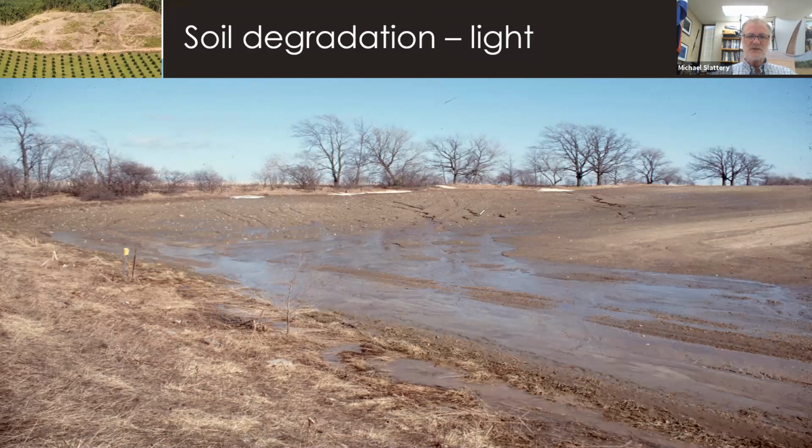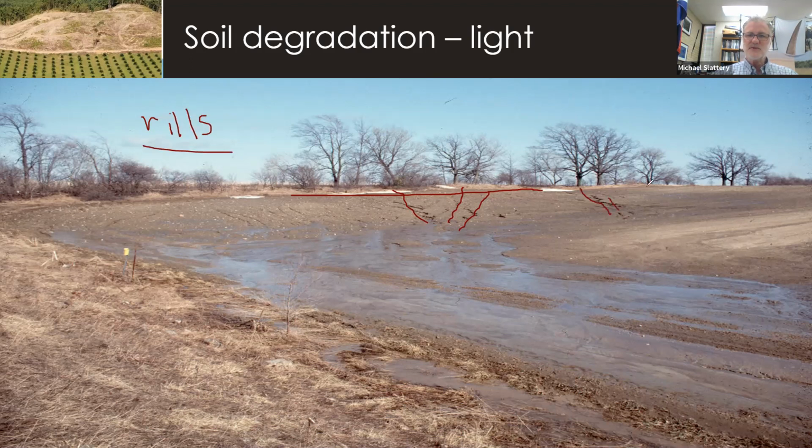So this is considered light soil degradation. This is a photograph I took in the United Kingdom on a winter's morning of a corner of an agricultural field, and you can see some snow that's just receding. This is a snow melt event, and surface runoff has come down the slope and carved out these little channels. We call those little channels rills, R-I-L-L-S.